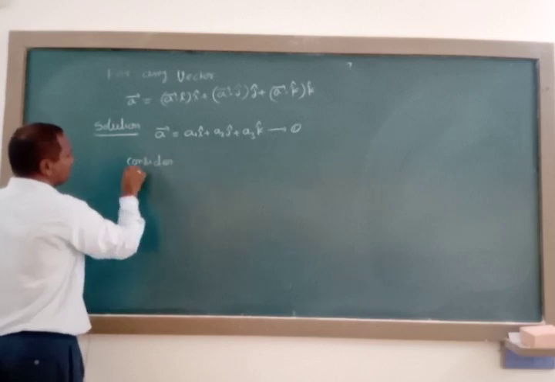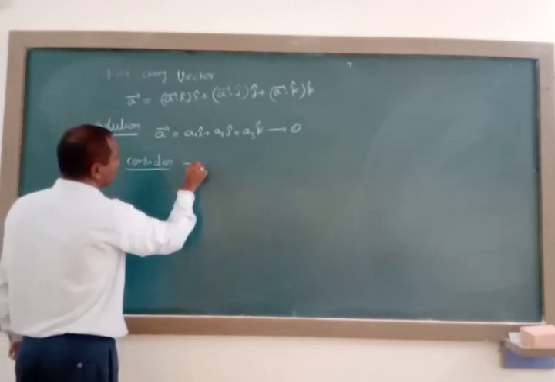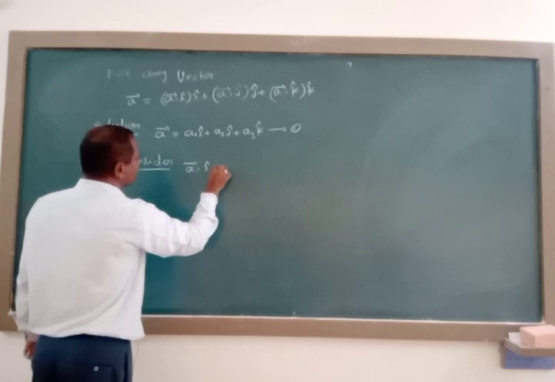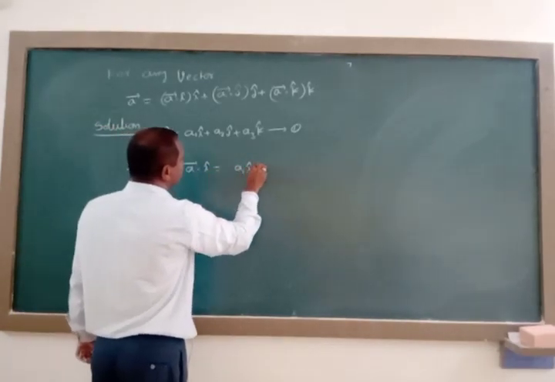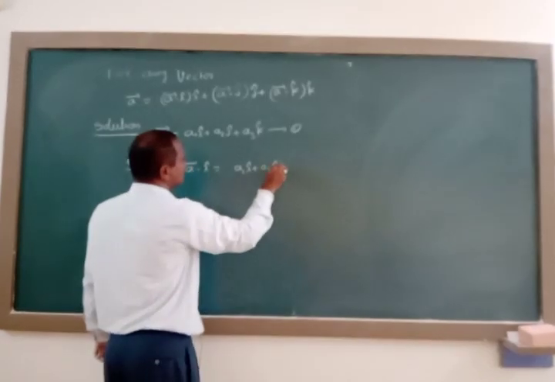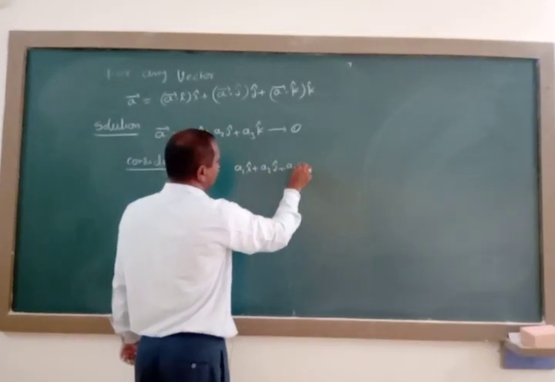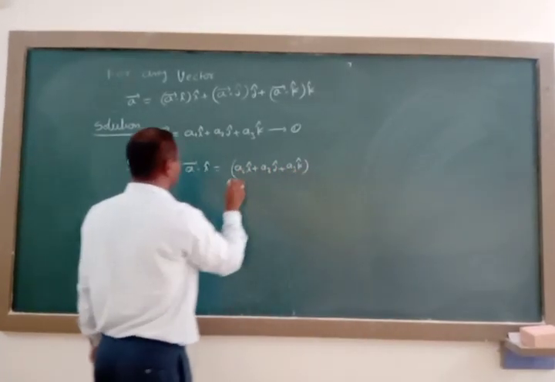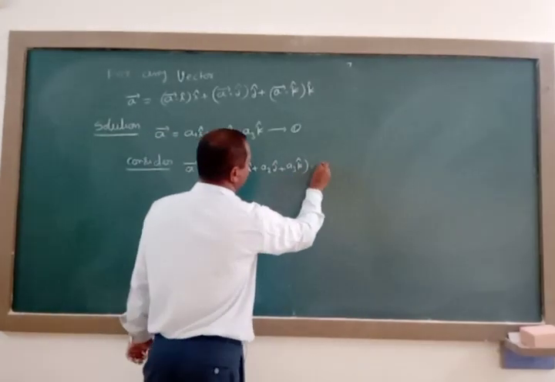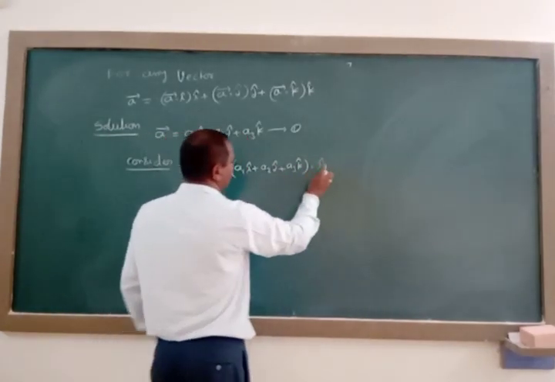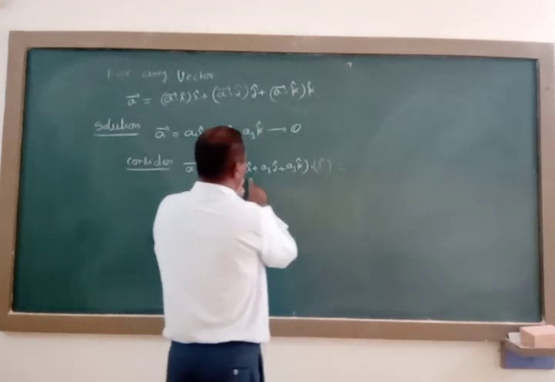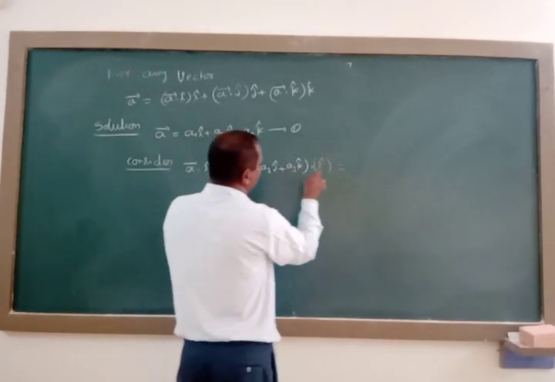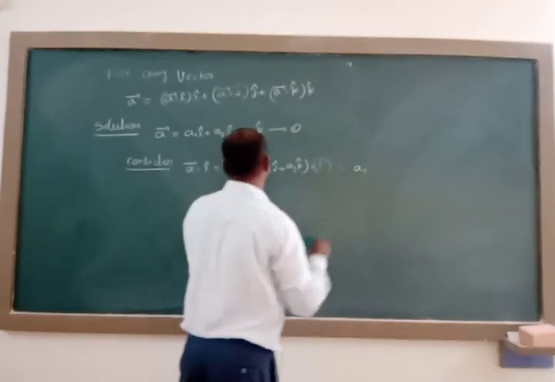Consider a bar dot i cap first. A bar dot i cap is equal to, a bar is a1 i cap plus a2 j cap plus a3 k cap, dot i cap. Here we are not seeing j terms and k terms, only i terms will come. a1 into 1 is a1 here.